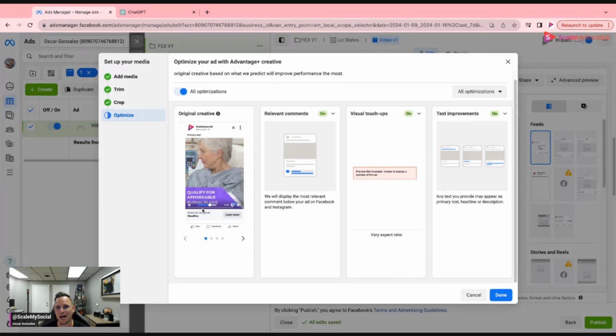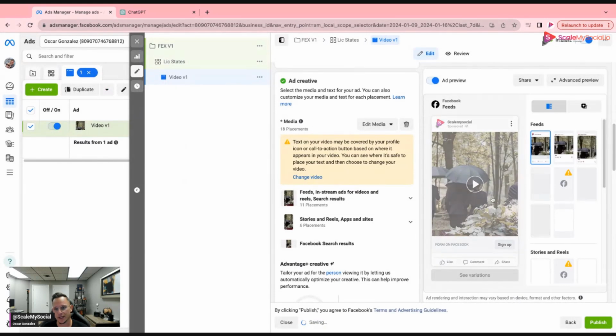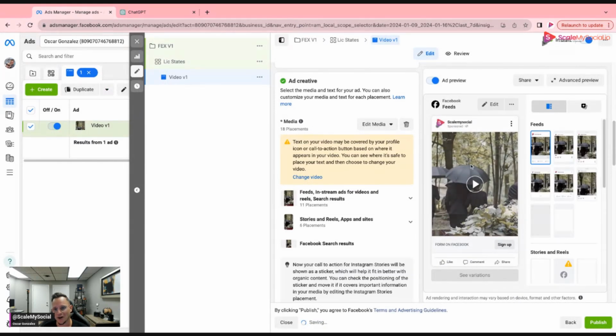See how you can't see the bottom? So that's why it's really important that if you're going to use video ads, or really still images, that you create all the proper sizes to show. Okay, so we hit done. And now we're done here. Our video is loaded, and we're ready to go there.